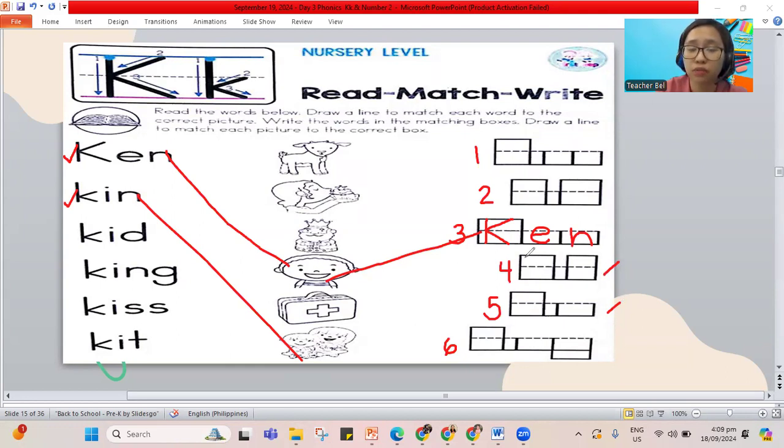So let's write for kin here. 4? Oops, sorry. I think it's wrong. You got it right. It's not in number 4. But it should be in number where? In number 5. It fits in 5, not in 4. So here I have to write K, I, and letter N for the word kin. Let's match also kin.